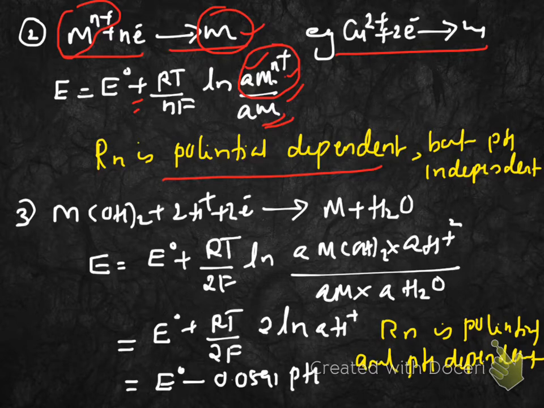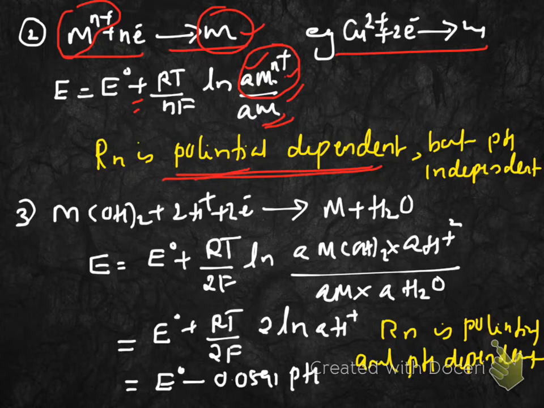So reaction is potential dependent, but pH independent. This reaction does not involve any H plus or OH minus in balanced equation, so this reaction does not depend on pH. This is the second kind of reaction.